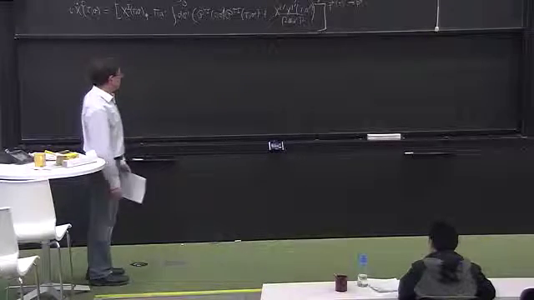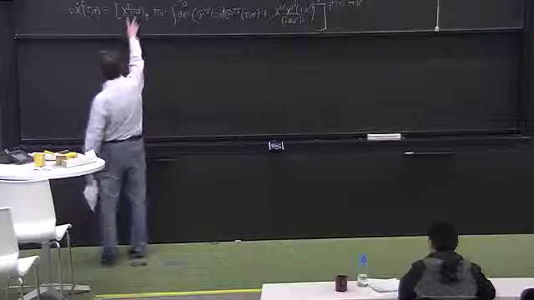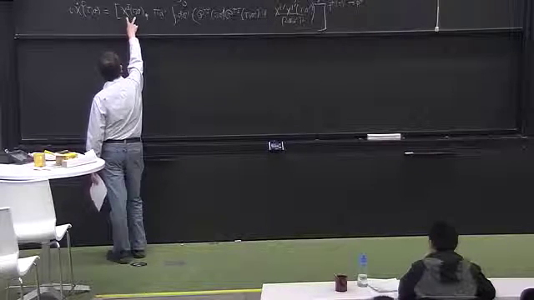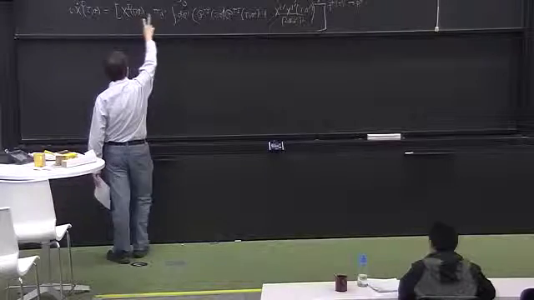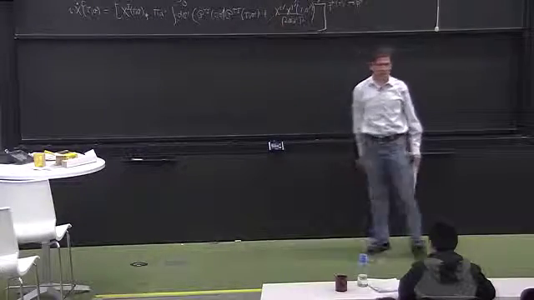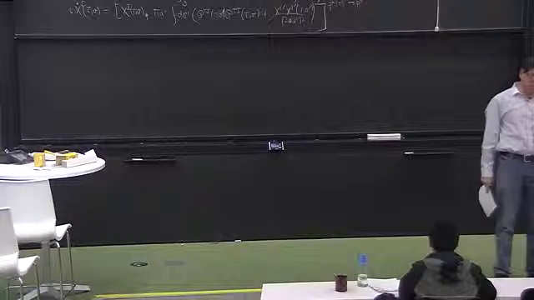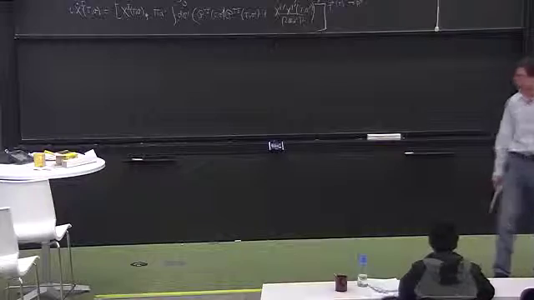Okay, looks messy. But X's commute with X primes. The prime derivative is a very innocent derivative. It's a derivative along space on the string. It has nothing to do with the commutators.